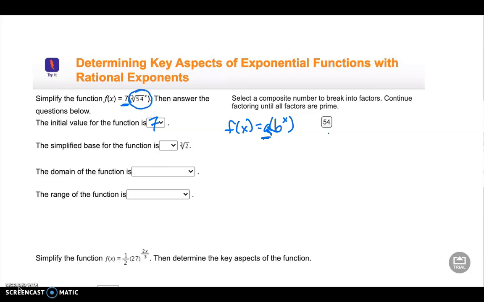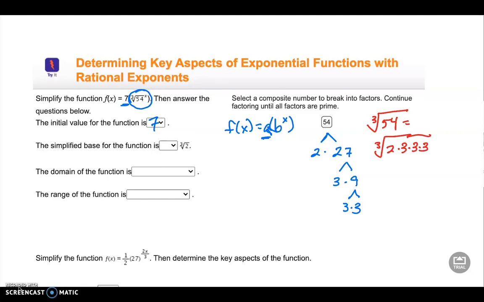So in order to do this, we're going to factor 54, which is 2 times 27, and that's 3 times 9, and 9 is 3 times 3. Now keep in mind this is a cube root that we're looking at, so we're looking at groups of 3. So the cube root of 54 is the same thing as the cube root of 2 times 3 times 3 times 3.